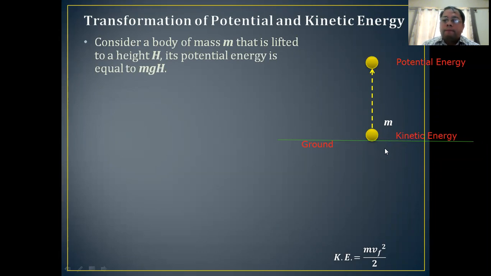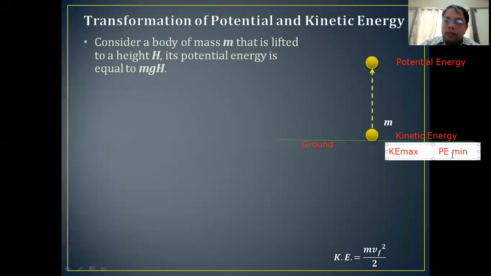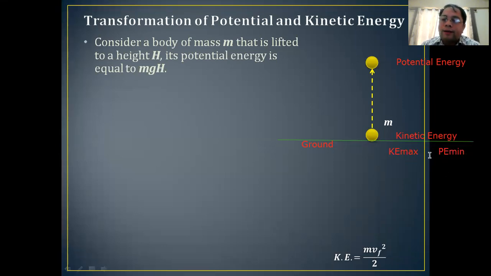So our kinetic energy at the ground level, we may have it in symbols KE. KE here is maximum at the bottom, at the ground, because it will be moving at the fastest value. But the PE value is minimum or maybe zero for that matter because there's no height at the ground level.